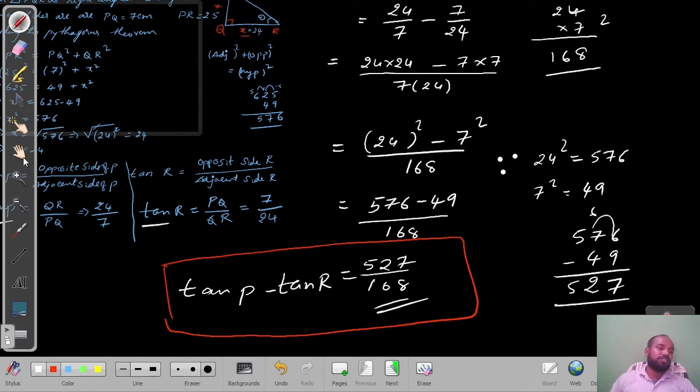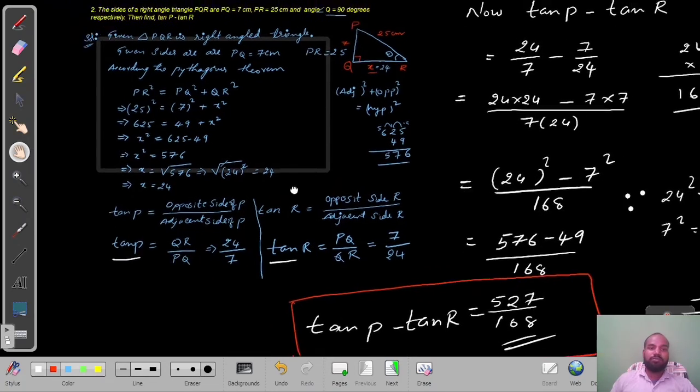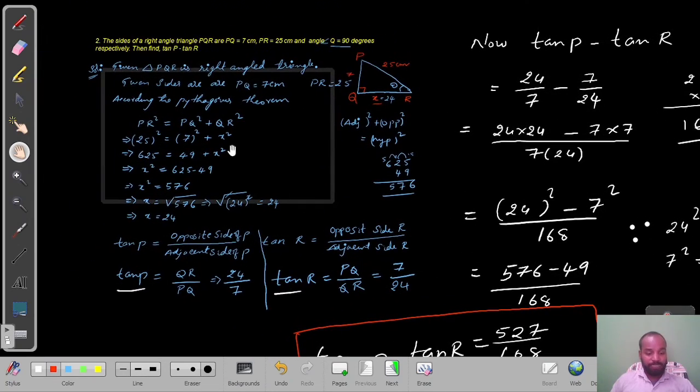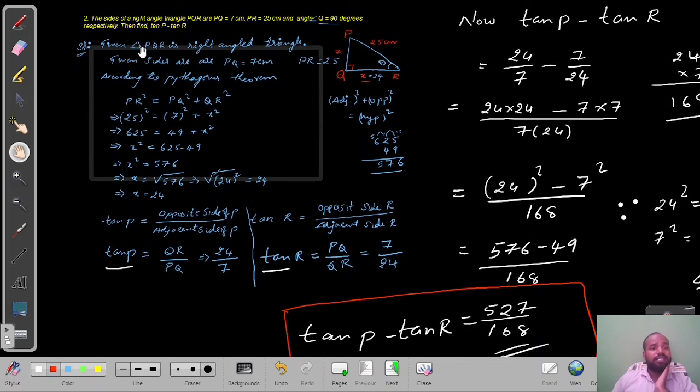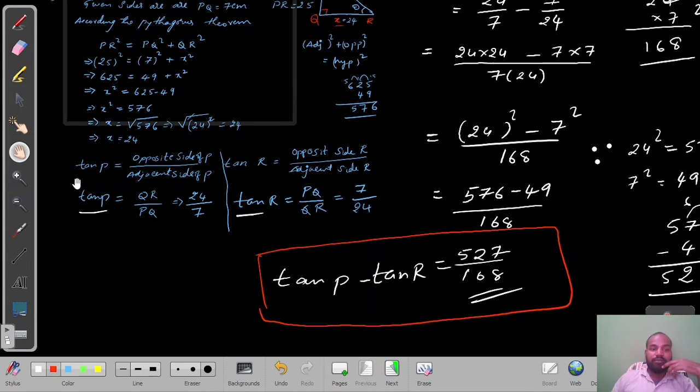Am I clear? So let us go through the entire problem. First, given PQR is a right angle triangle and the given sides are PQ equal to 7 centimeters, PR equal to 25 centimeters. According to Pythagoras theorem, we find the x value. Then the tan P formula is opposite by adjacent.